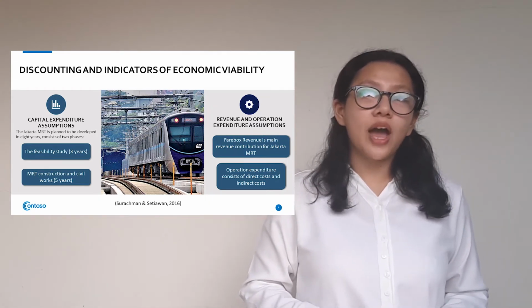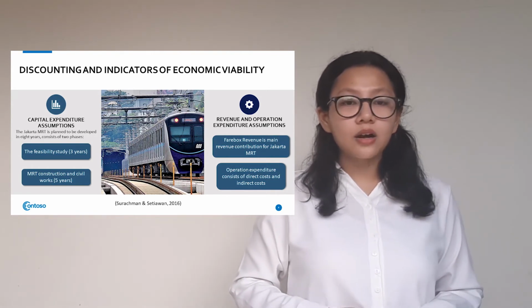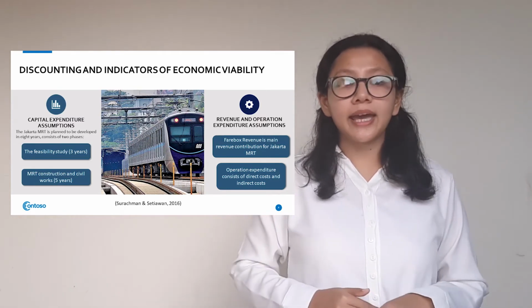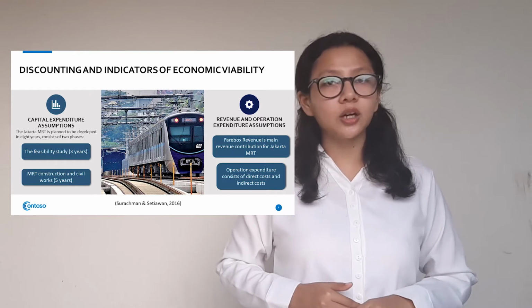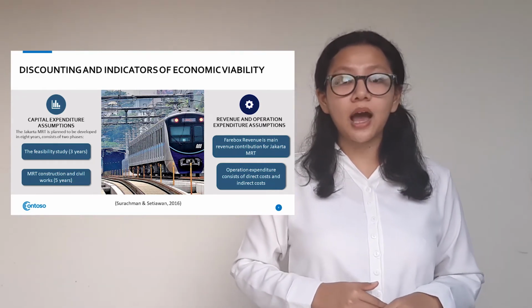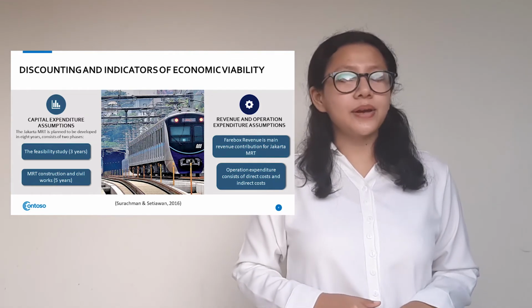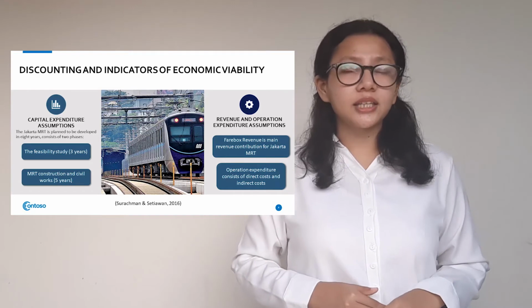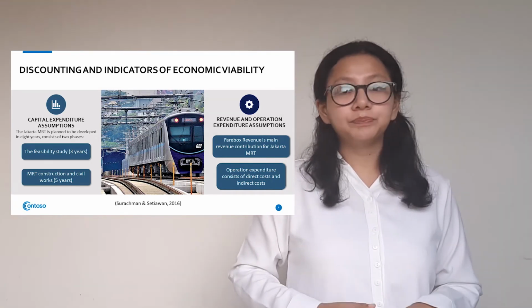As for the revenue and operation expenditure assumptions, the main revenue contribution for MRT Jakarta project came from the fare box revenue, in which the tariff is set equal to 15,000 rupiah per passenger for one trip. Meanwhile, the demand passenger of its operation is predicted to be 280,000 passengers per day.